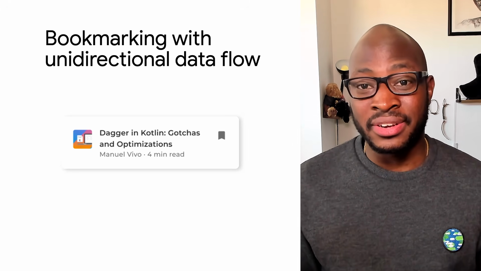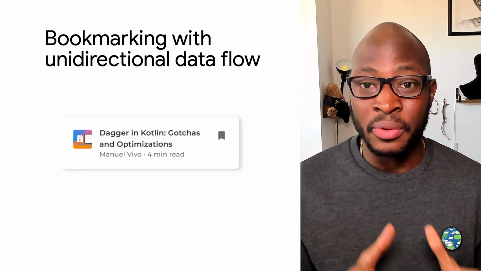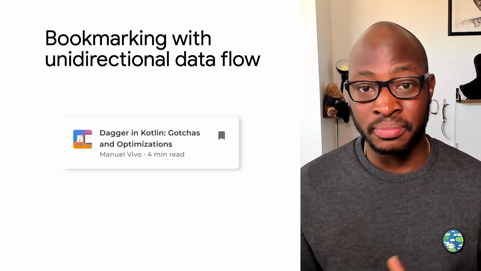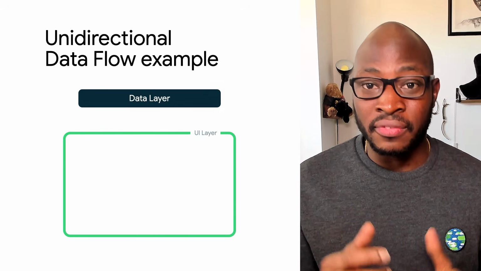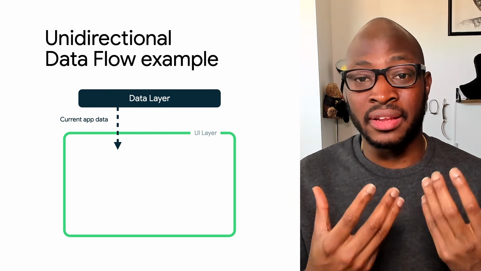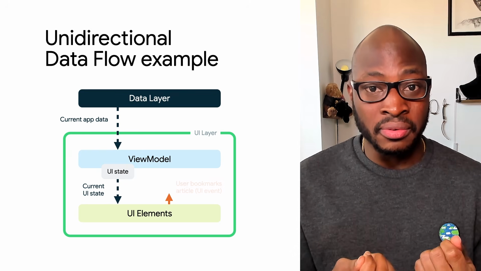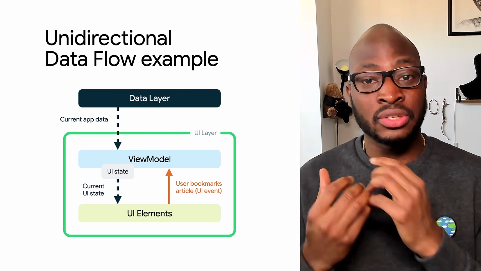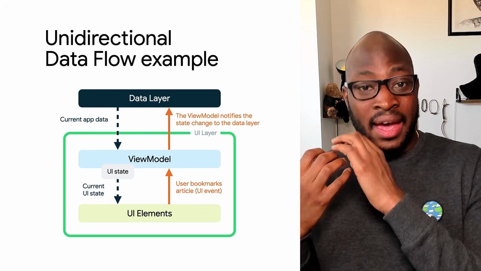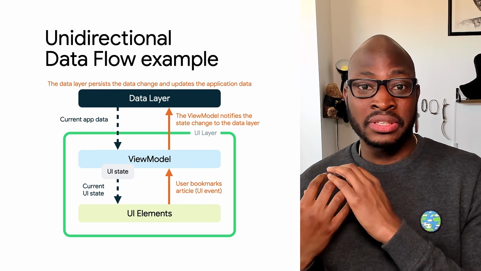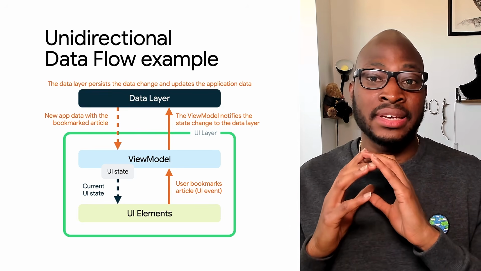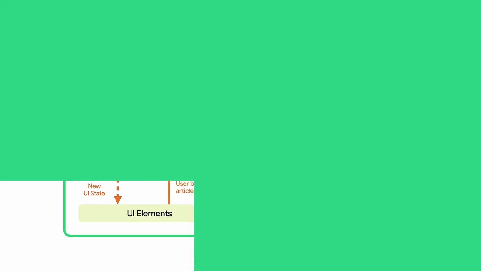This is better illustrated with an example from a case study where the user wants to bookmark an article. The view model first transforms data from the data layer for the UI to display. When the user bookmarks an article, the view model relays this to the data layer. After the data layer processes the request, the UI consumes the new UI state and displays it to the user.